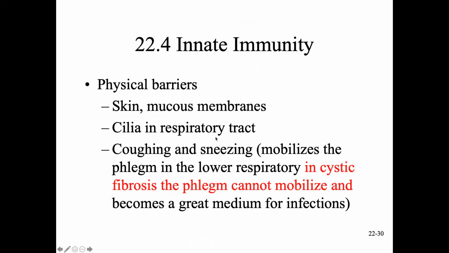Keep in mind, the cilia in the respiratory system have a specific function. Even the mucus in the respiratory system has a specific function. The mucus and the mucous membranes it produces are going to trap any inhaled particles, especially if you're outside, where you can have exposure to fungi as you breathe in.